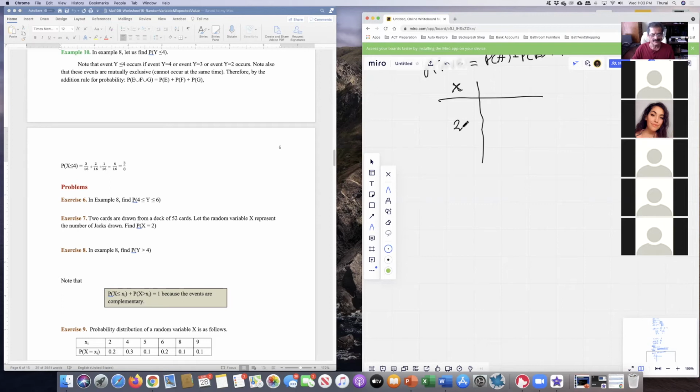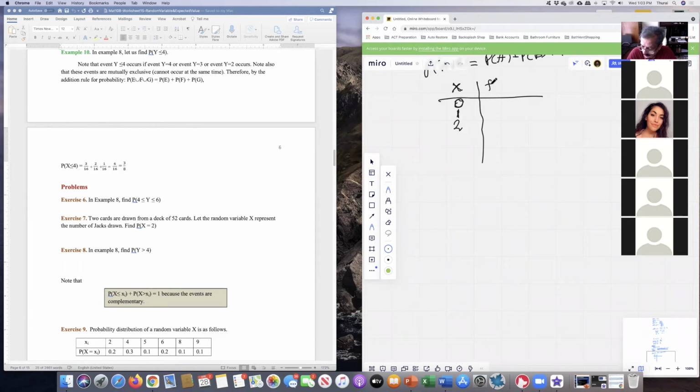So it's 2, or 1, or 0. I may have no jacks. I'm taking 2 out of the 52 cards, right? It may not be a jack. And I may have 1 jack or 2 jacks. That's it. 0, 1, 2. Those are the only values of the random variable. Okay, now let's take the frequencies.